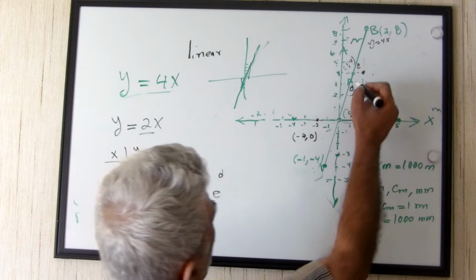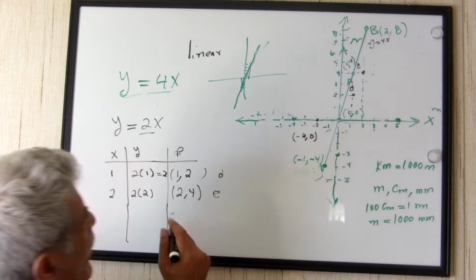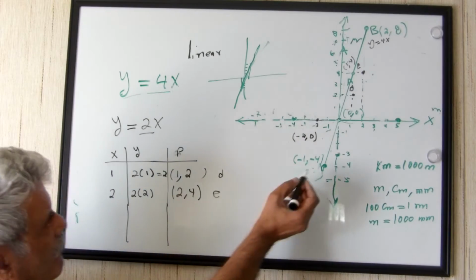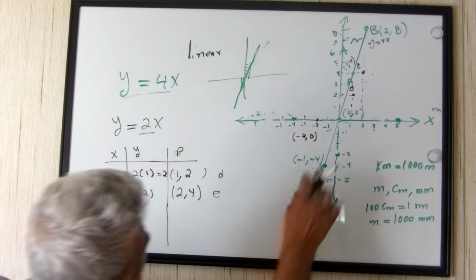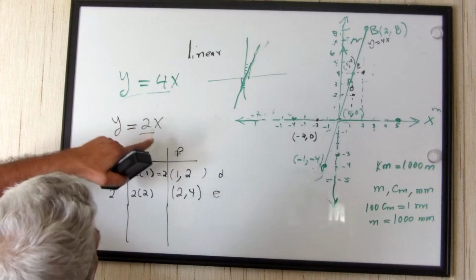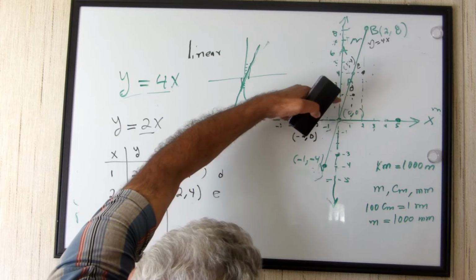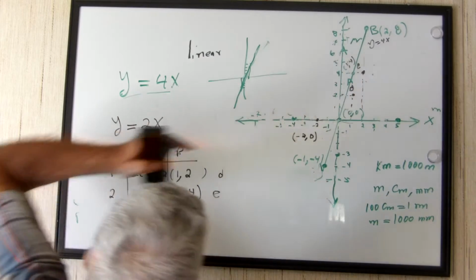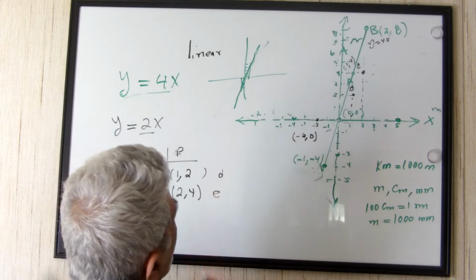So far we have 2 points here. But let's find some points at the negative x, so we can find some points here and then connect these points. Because we are giving numbers to these, if we connect these points, we are going to get a line. That's why we call it a linear function.